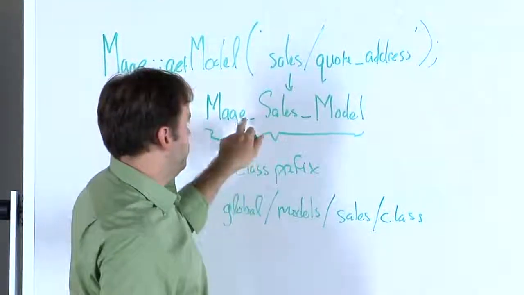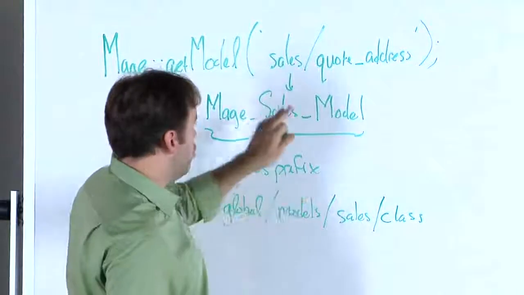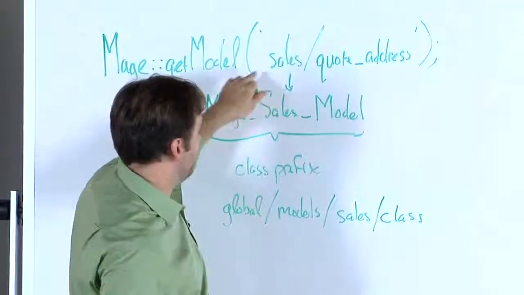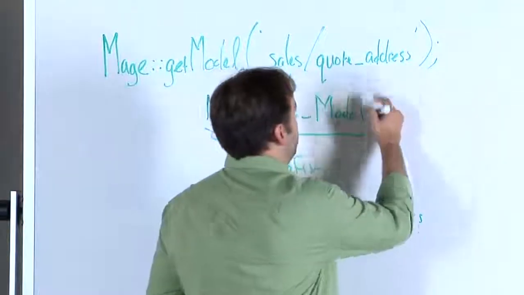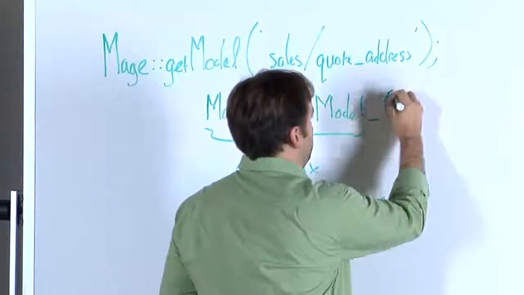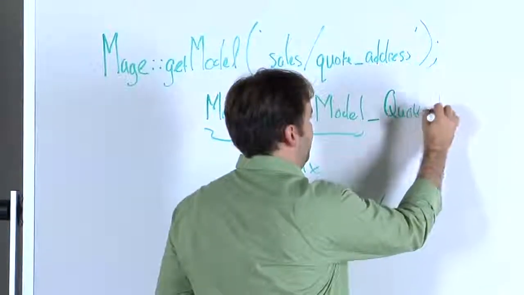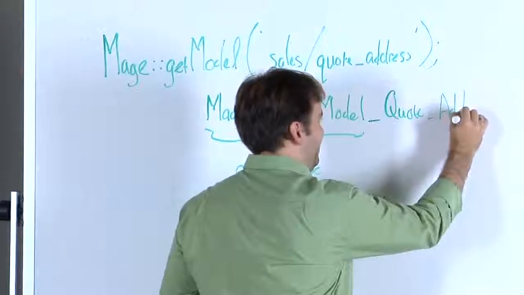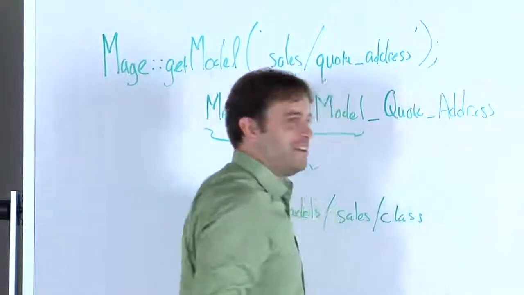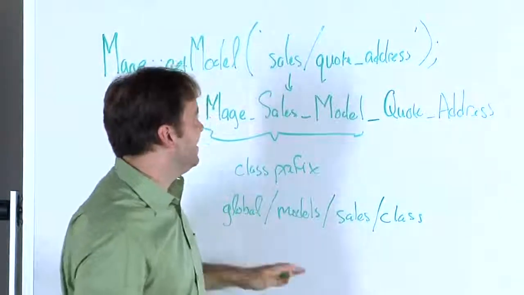And in the class node is where we get Mage Sales Model. So normally, what this does, sales, Mage Sales Model, and then quote address. I think I'm starting to hear some light bulbs clicking out there.